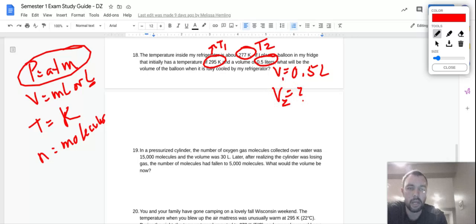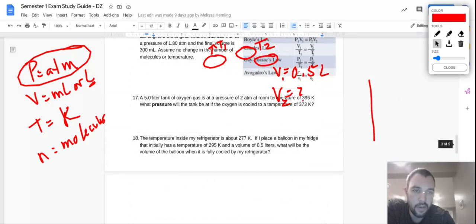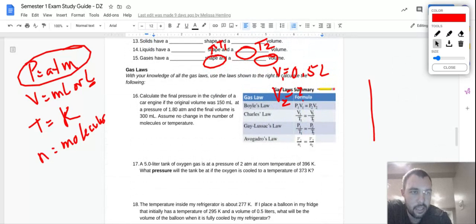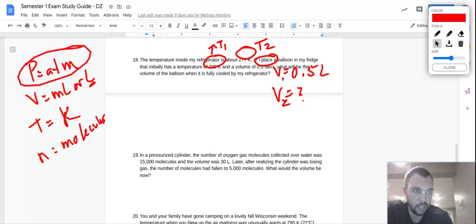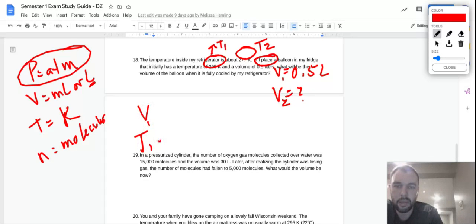This is my original. So I got volume and temperature. If I scroll up, volume and temperature gives me Charles's law. That's V over T, so I am going to write out my problem so it looks like that. V over T, these are going to be my ones.